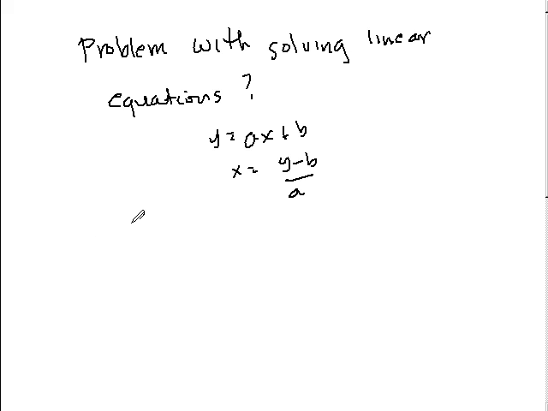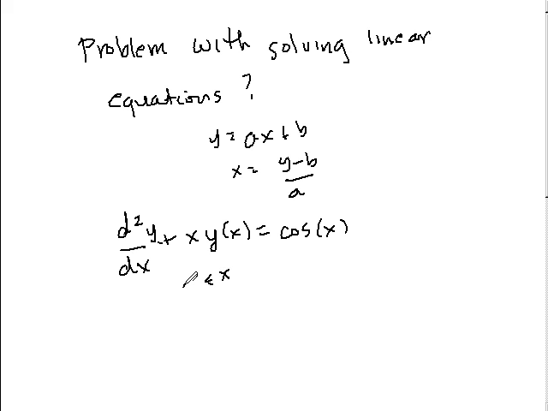Well, an example of a linear equation might be the second derivative of y plus a first derivative term acting on y plus x times y of x equals cosine of x on 0 to 1 with boundaries.